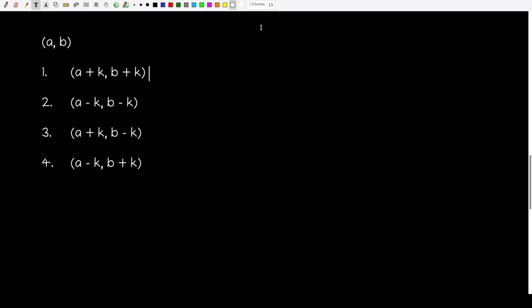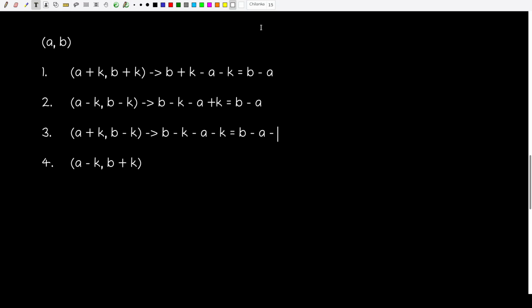Now with these pairs, let us compute the difference between the height of tower a and b. In the first case, this will be given by b plus k minus a minus k, which is essentially equal to b minus a. Similarly, in the second case, this will be b minus k minus a plus k, which is equal to b minus a. Over here, this becomes b minus k minus a minus k, which is equal to b minus a minus 2k.